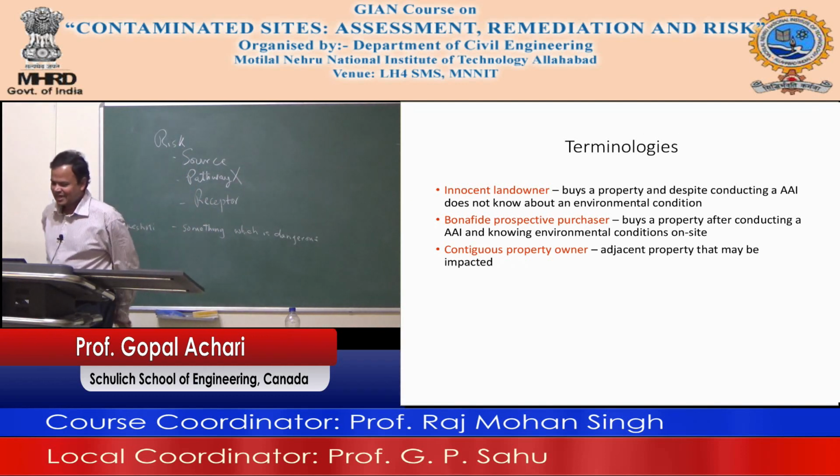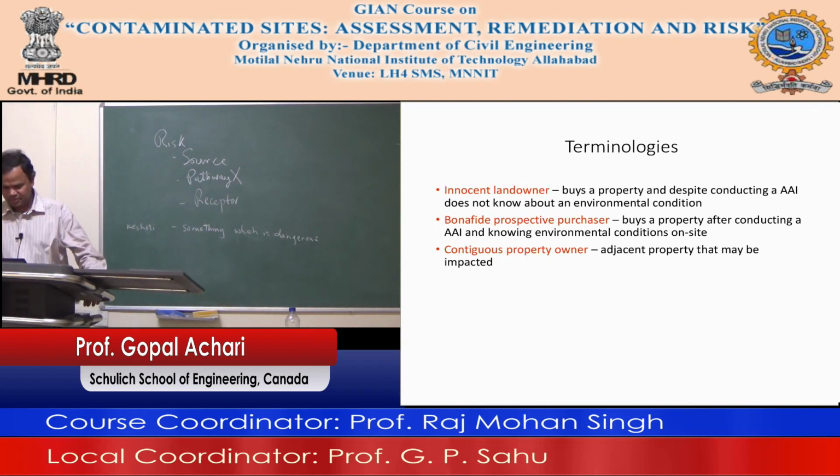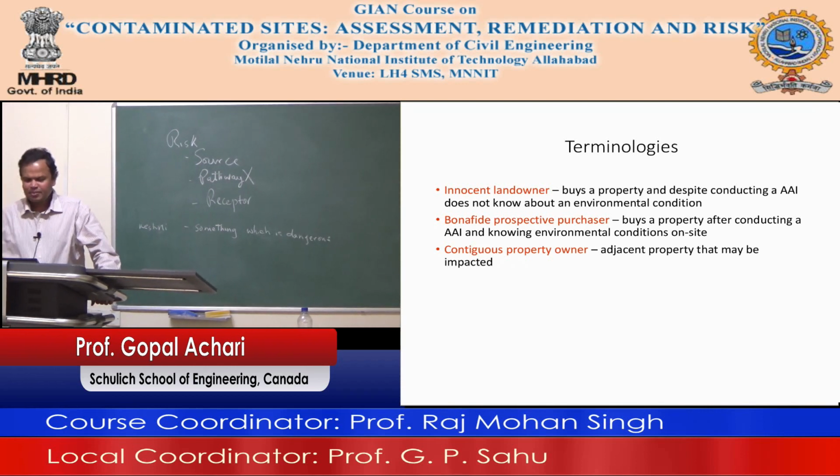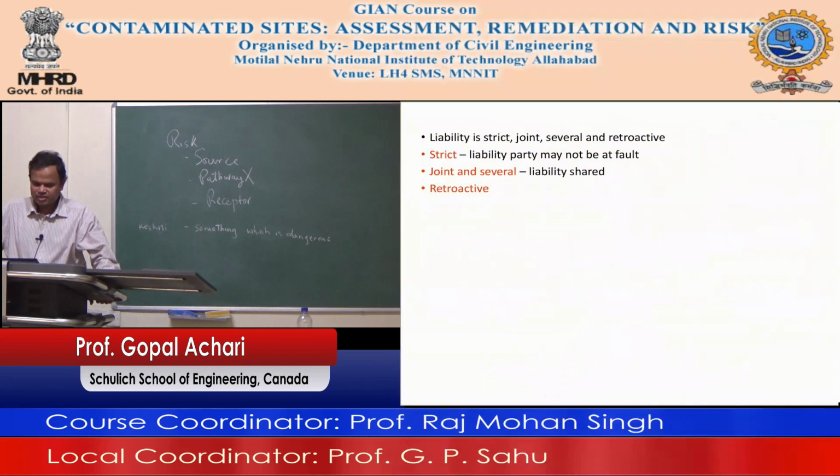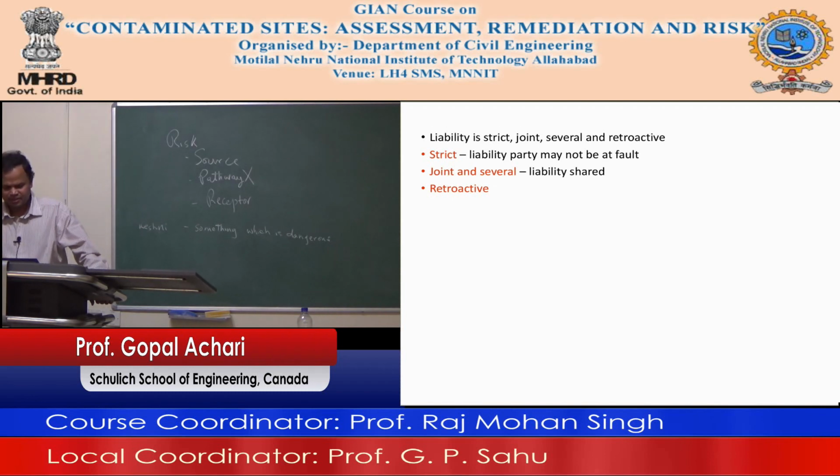And the third one is adjacent or contiguous property owners that may be impacted. The liability is strict, joint, several, or retroactive. Strict liability means the liable party may not be at fault. Joint and several means liability is shared, and retroactive means going back in time.